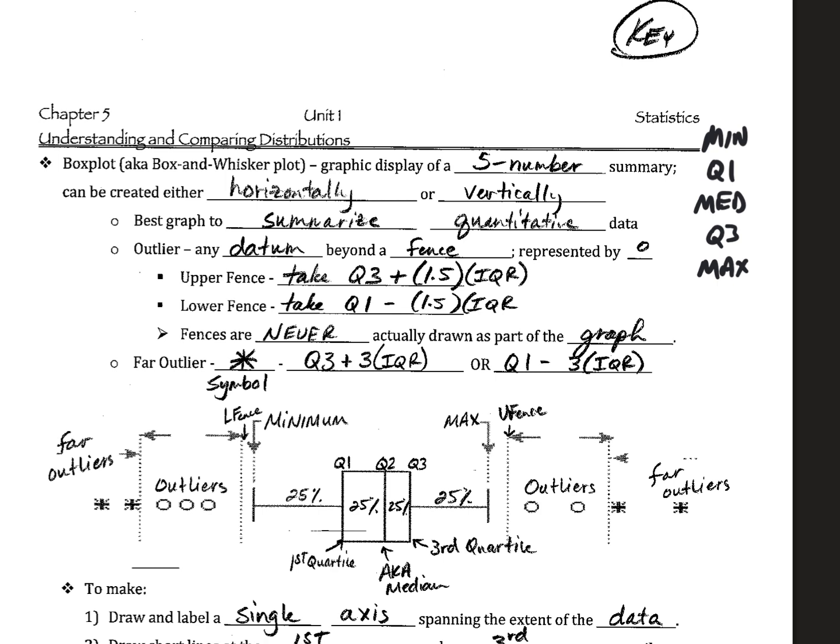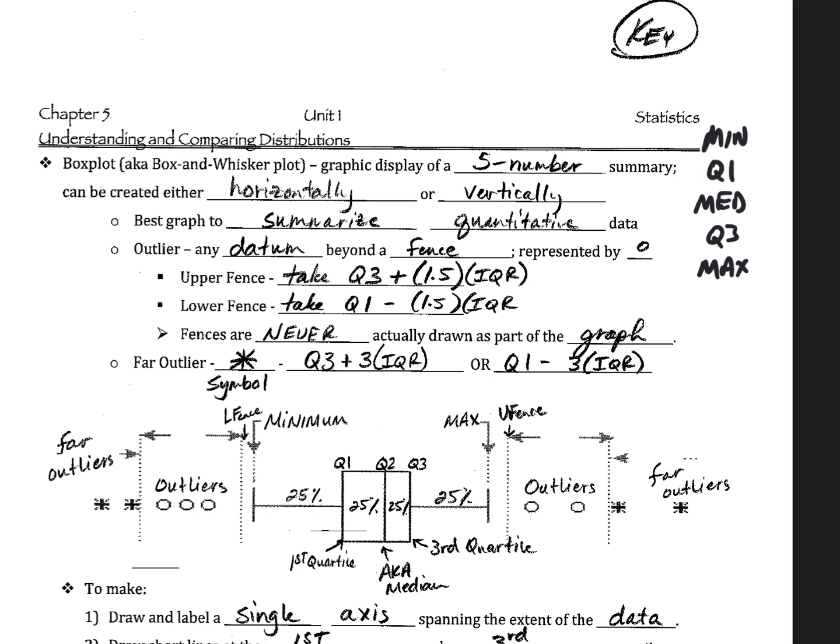An outlier is any data value that's beyond a fence. It's represented by an open circle. Now, we have 2 types of fences, the upper fence and the lower fence. To calculate the upper fence, we take Q3 plus 1.5 times the IQR. The lower fence is Q1 minus 1.5 times the IQR.